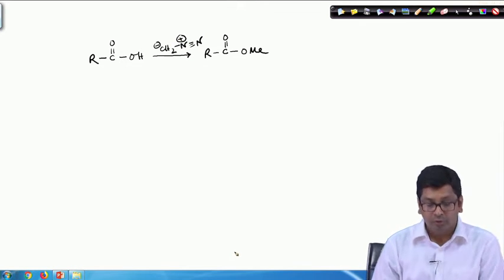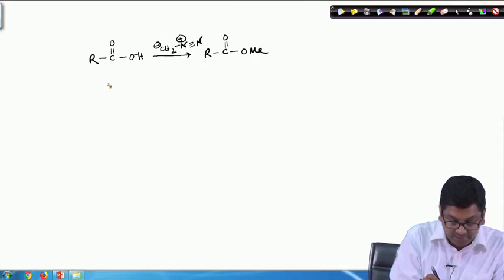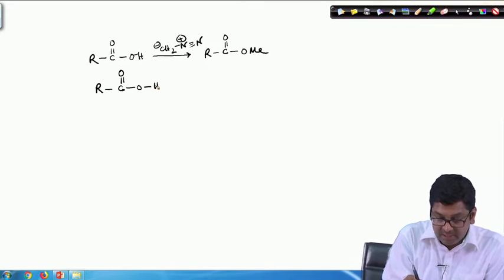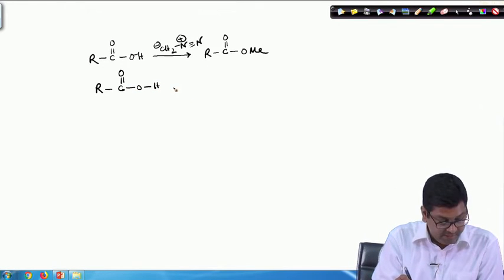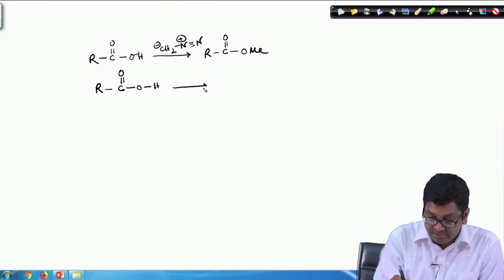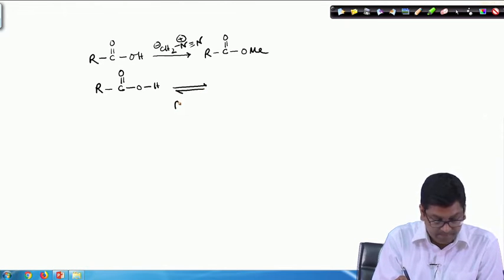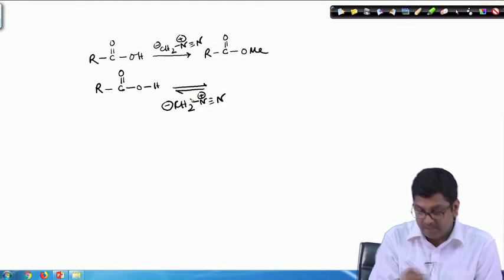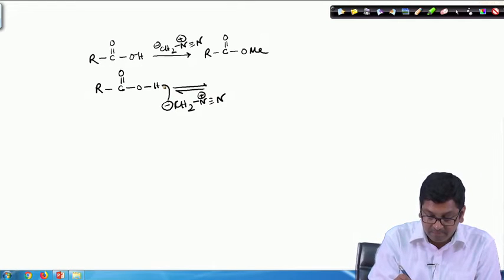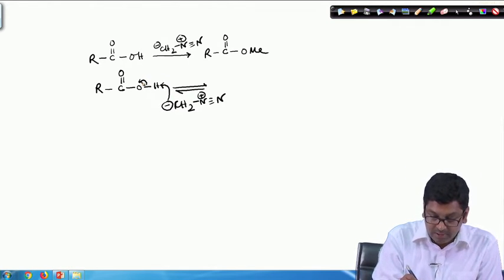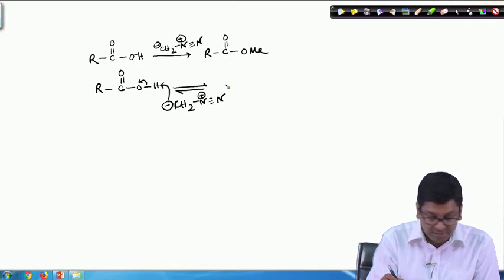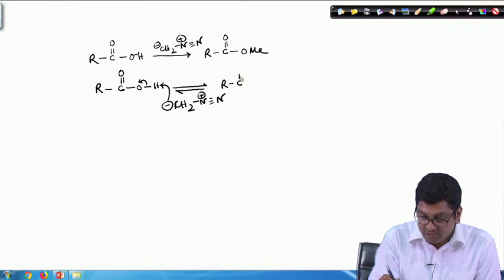Okay. So, we have seen that once this carboxylic acid is there, first this diazomethane will pick up the acidic proton, and that will generate this carboxylate anion.